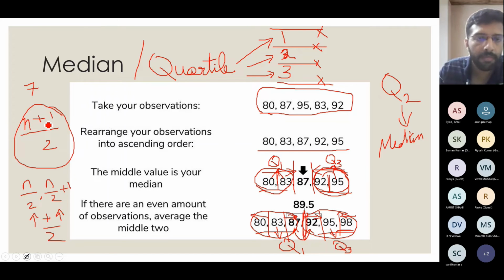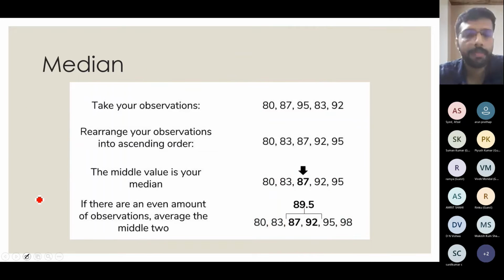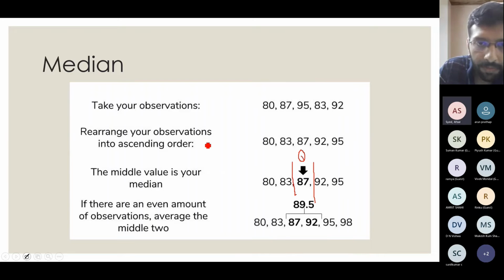Let me tell you what I understand. Here you have 87, that is Q2, right? Yes. So 80 plus 83 divided by 2 is Q1, right? Yes, that is Q1. And 92 plus 95 divided by 2 is Q3. Yes, that is Q3.